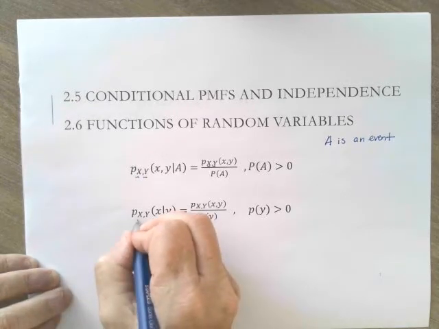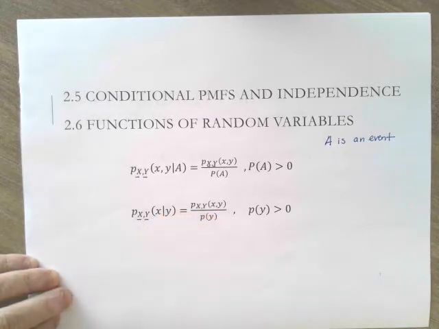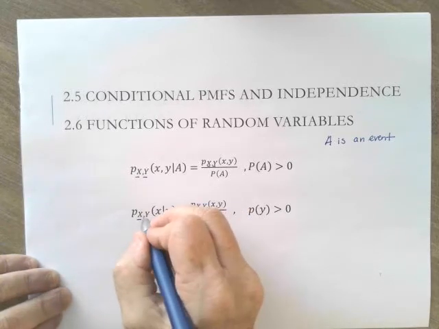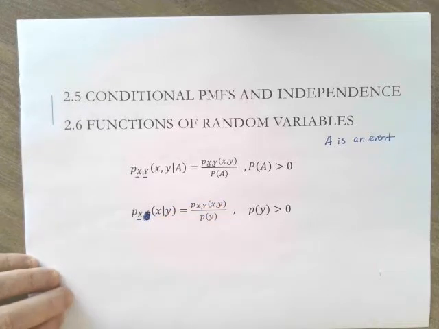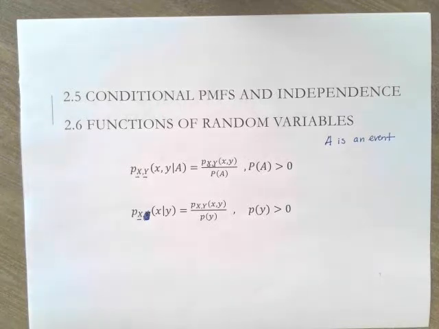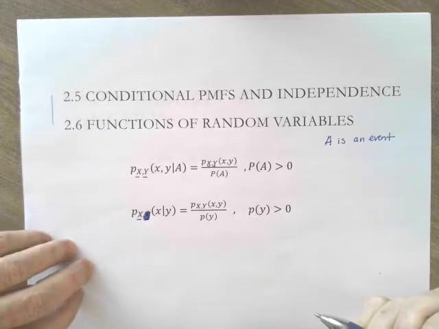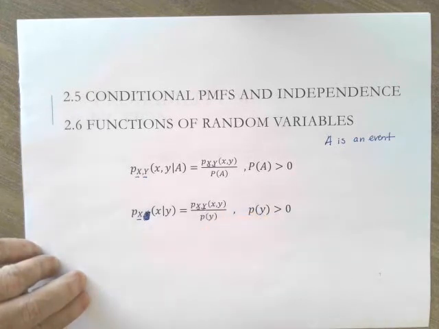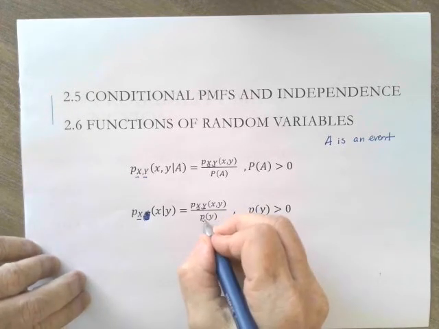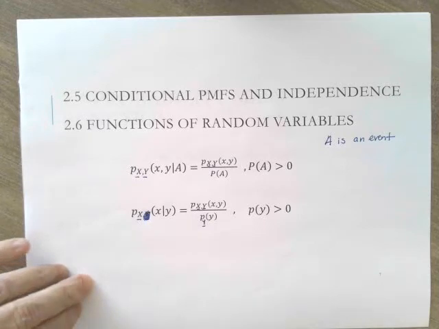Similarly, if I want to do a conditional probability on x, I see a typo here, this should not have a y in here at all. Remember, I'm updating my slides from 5 years ago, so once in a while I'm going to come across a mistake. Apologies. So the probability mass function of x conditioned on a specific value of y is going to be that joint probability mass function divided by the probability that y equals something. And again, we might want to subscript it that way.